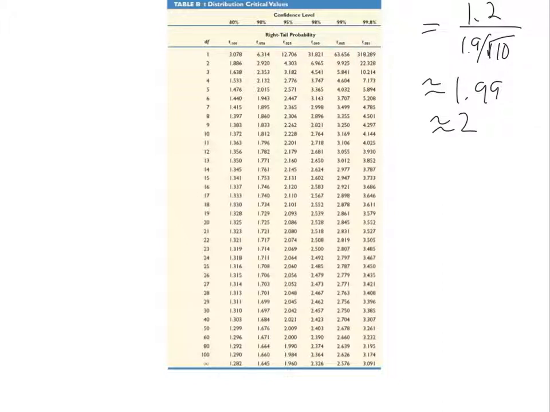So in this case, the df is 10 minus 1, which is 9. So we're only going to restrict ourselves to looking in this row here. We're looking at confidence levels, right? Confidence level is basically 1 minus the alpha value.